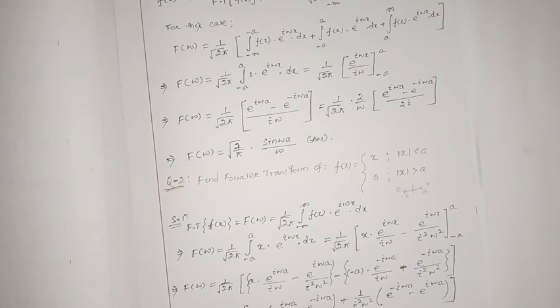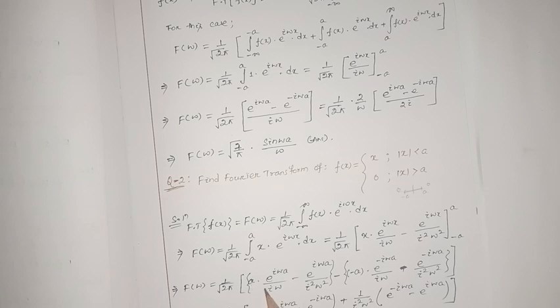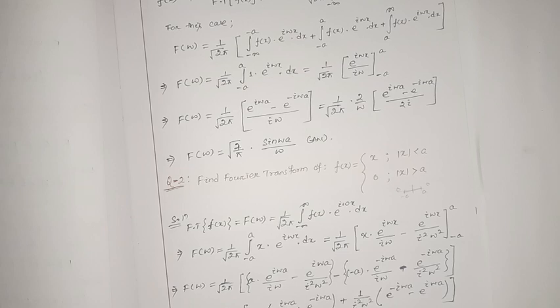Okay, 1 by root 2 pi, here you can see a by i omega, here minus plus a by i omega. From these two terms I take common a by i omega, and we get e to the power i omega a, and here minus plus e to the power minus i omega a. Got it?